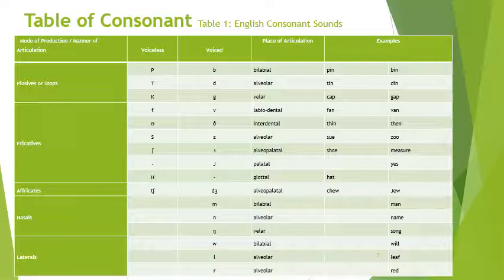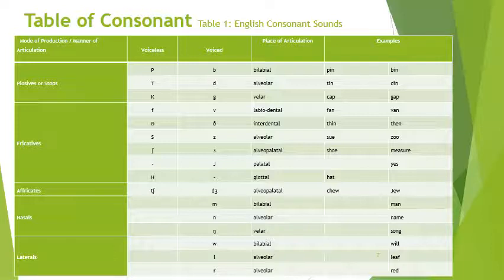The first one on the table, as we can see, is called mode of production, that is, manner of articulation. Under manner of articulation, we have plosives, that is, consonant sounds can be plosive or stops, can also be fricatives, can also be affricates, nasals or laterals.